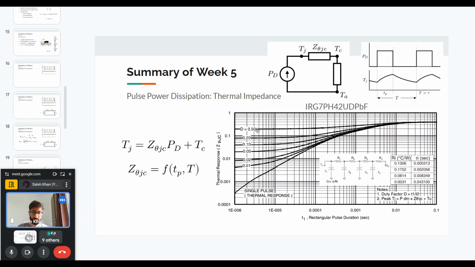So depending on this, we can find out what temperature will be achieved for a particular power dissipation and a particular pulse duration.